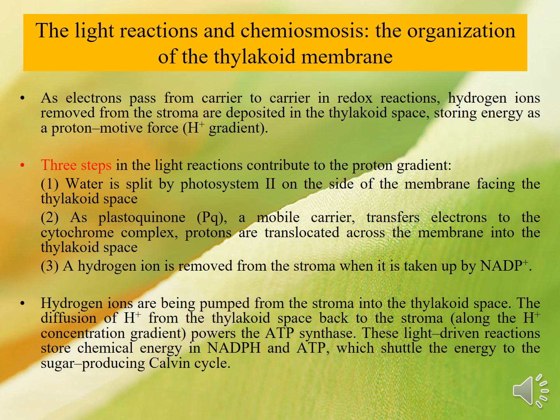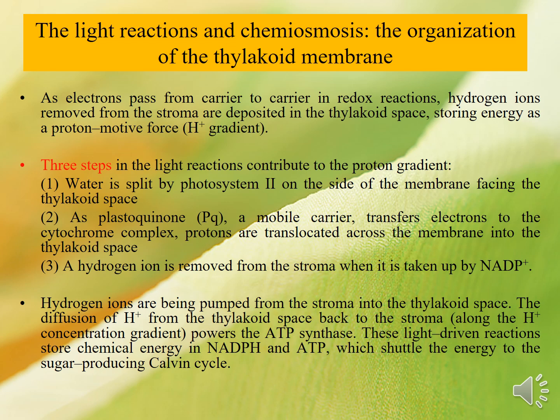So the hydrogen ion removed from the stroma is deposited in the thylakoid space. This environment stores the energy as a proton motive force, or we call it the hydrogen gradient. Remember, chemiosmosis requires a difference in concentration of hydrogen ion. So we call this energy the proton motive force, or also the hydrogen ion gradient.